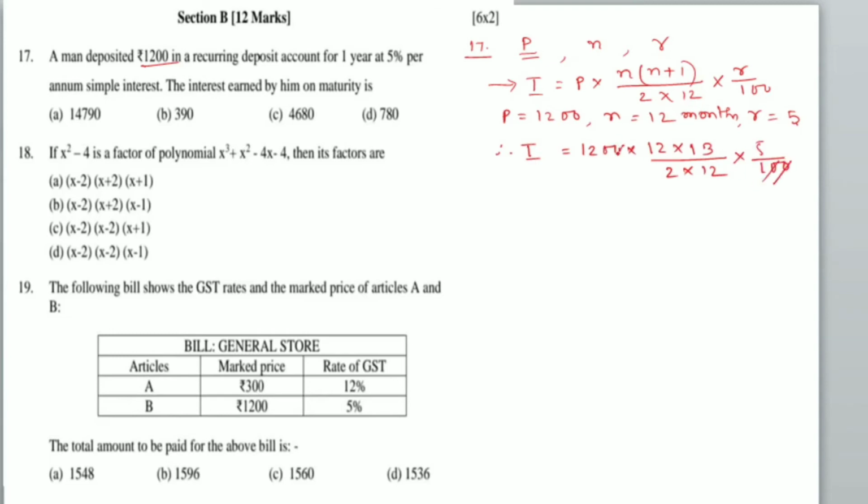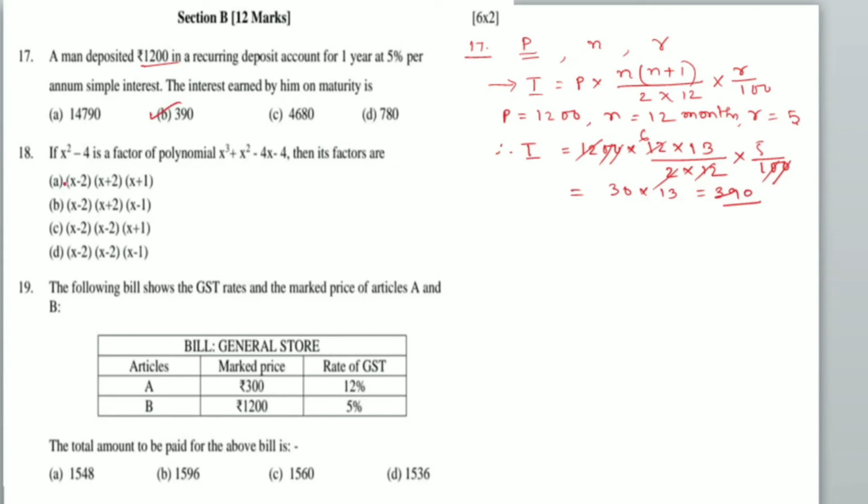Here 0 0 will be crossed out, then 12 12, 2 6 are 12. Therefore, it is 30 into 13 and it is 390. Okay, so option B will be the right answer.